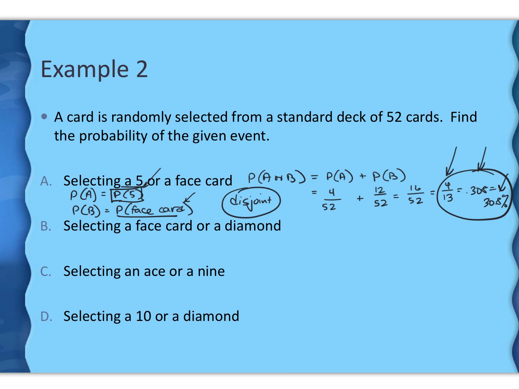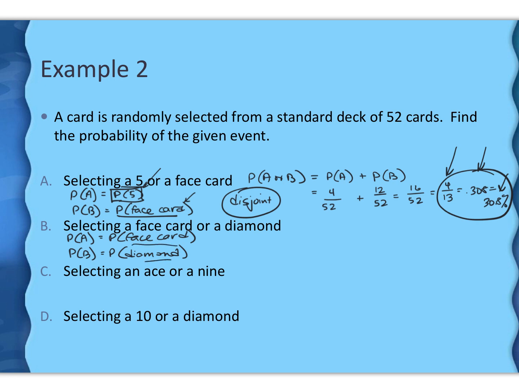Now, the second one says the probability of a face card. So probability A is the probability of a face card. And the second event, probability B, is the probability of a diamond. And so again, we have to ask ourselves, is there an overlap? Can you have a face card and a diamond?